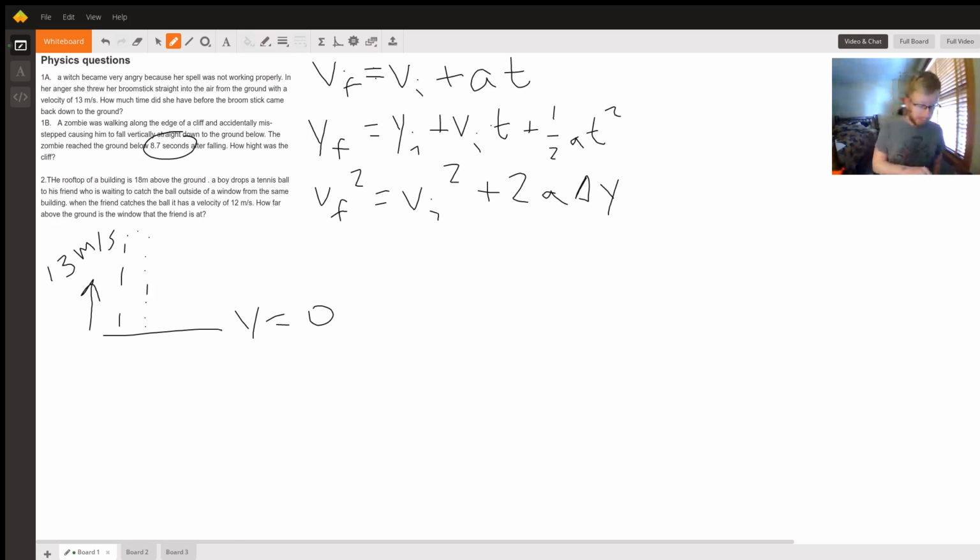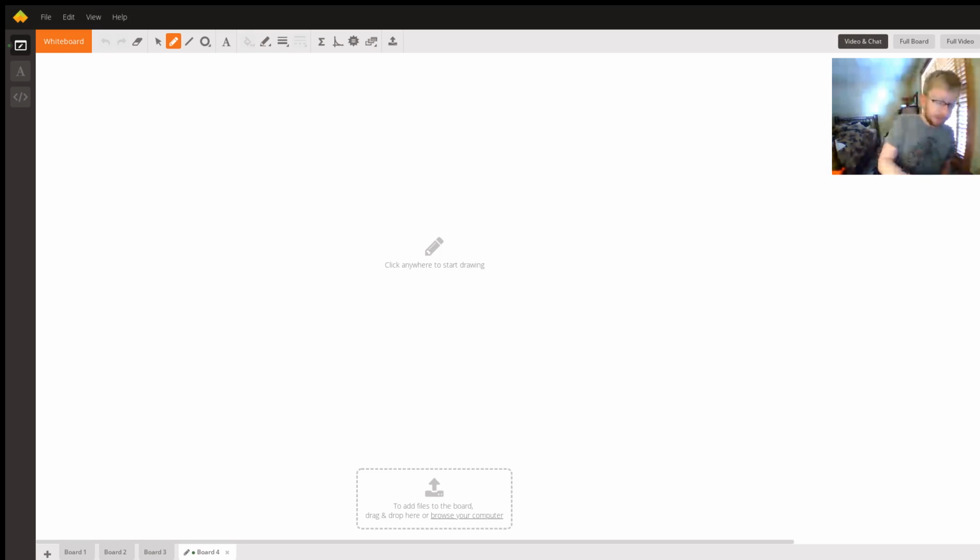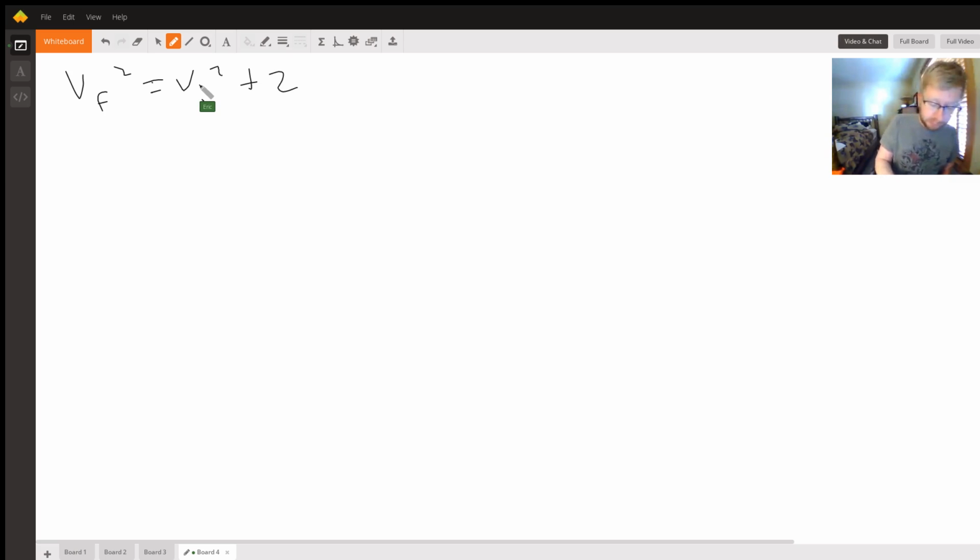So the equation for this one is VF, final velocity squared, equals VI, the initial velocity squared, plus 2, and again we're going up and down, so g, and then the change in y.